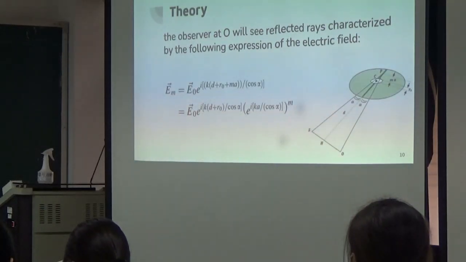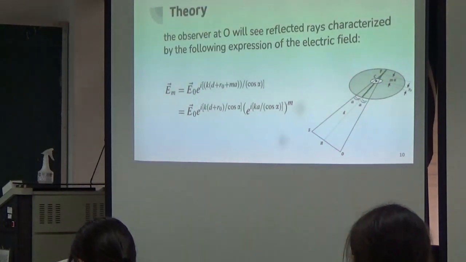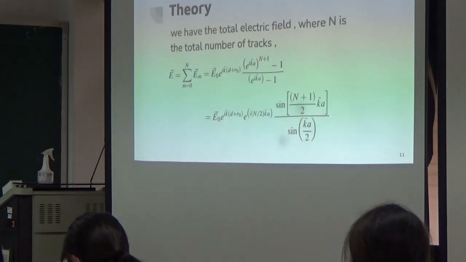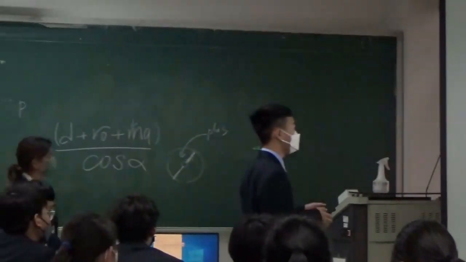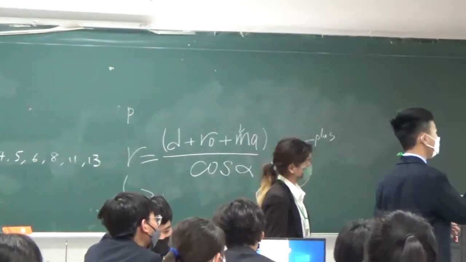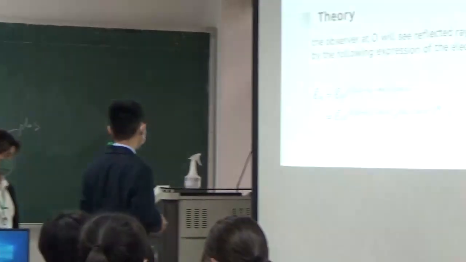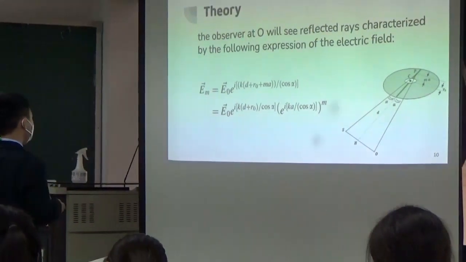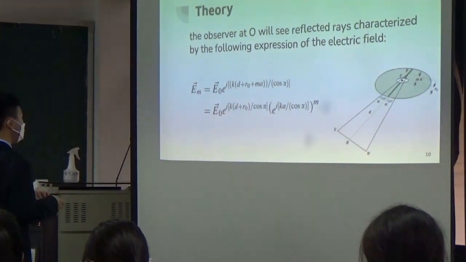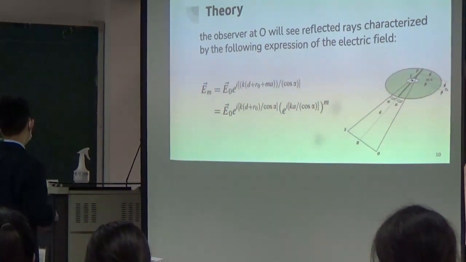electric field. Yes, and so how did you change this formula into this? So let's talk about this. Because this is the electric field, and the electric field is a wave, right? And the wave propagation line.